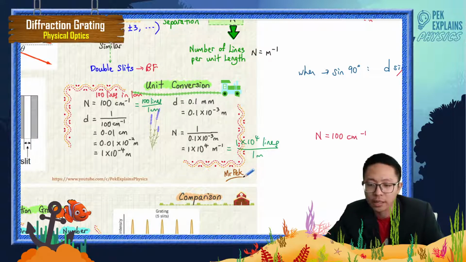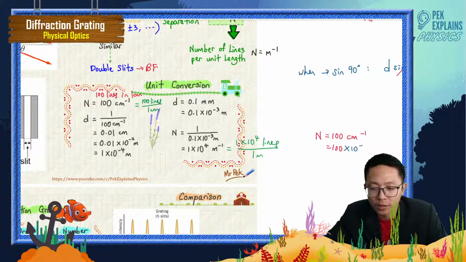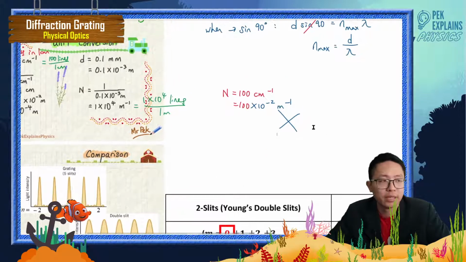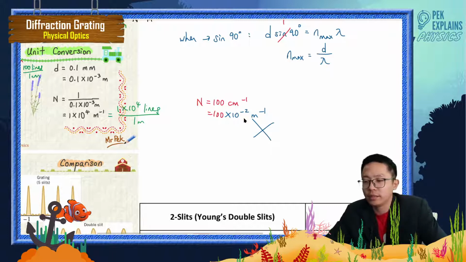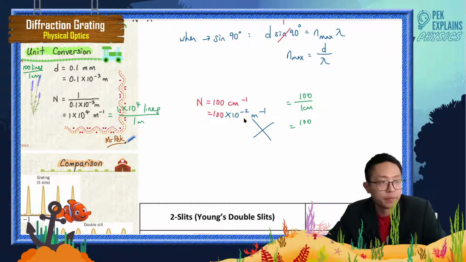100 per cm, centi is exponent negative 2. Exponent negative 2 per meter. This is wrong. You understand that? Because it is actually not exponent negative 2. How you change the unit is you should change it to 100 per 1 cm, and then only you change the unit over here.